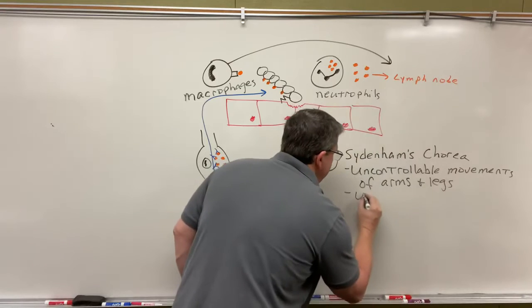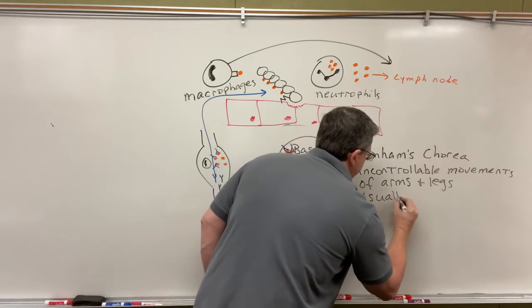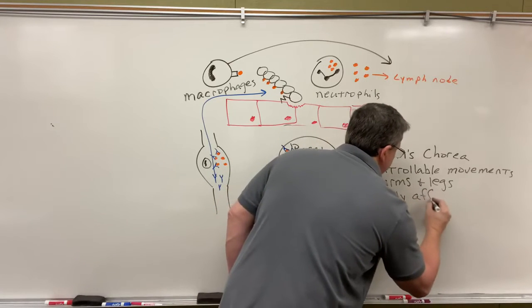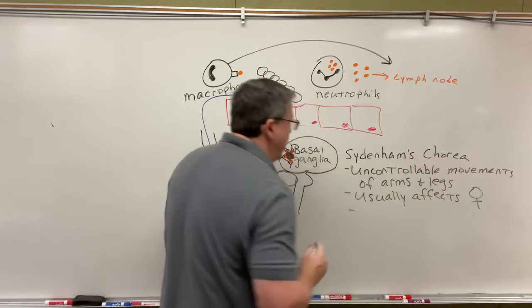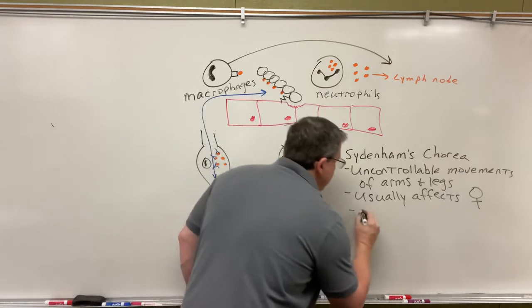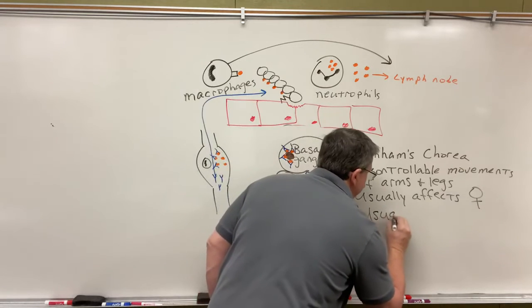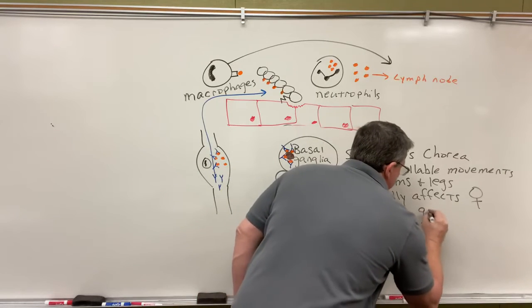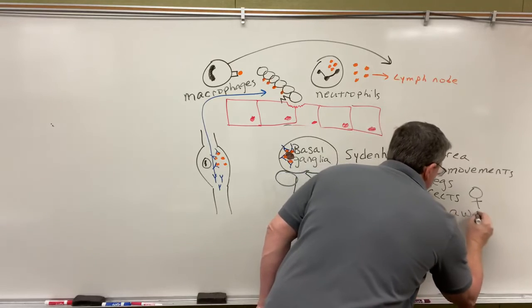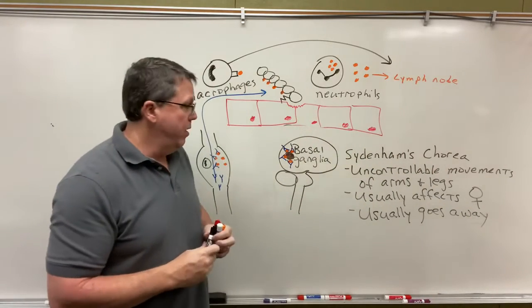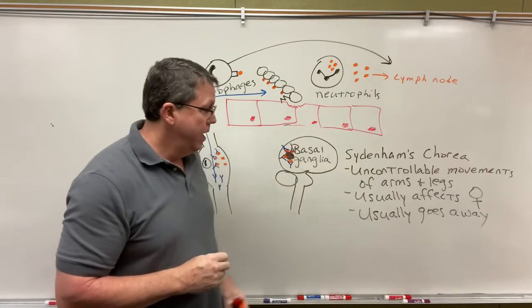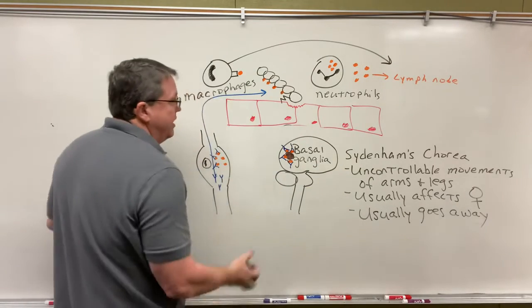Okay? This usually affects girls. And the other thing about this is it usually goes away on its own. Okay? This can occur up to a few months after someone's actually had rheumatic fever. All right, so that's the next one.